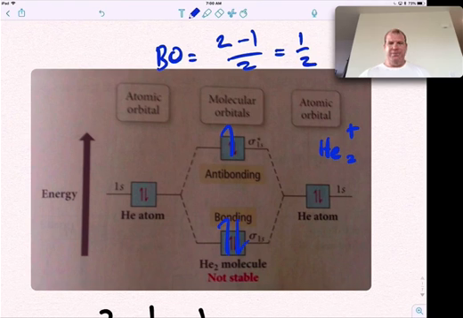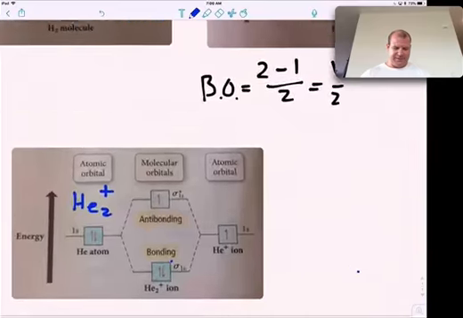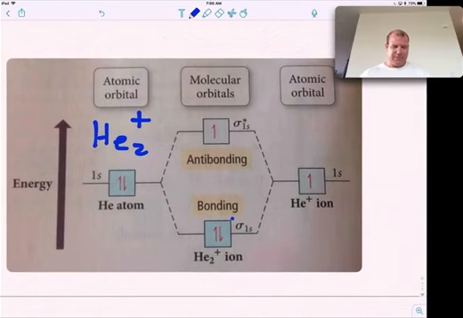So molecular orbital theory predicts this molecule would form. You know what? It does form in the sun. So we will see helium-2 plus in the sun. This is something that molecular orbital theory predicted and that actually does form.